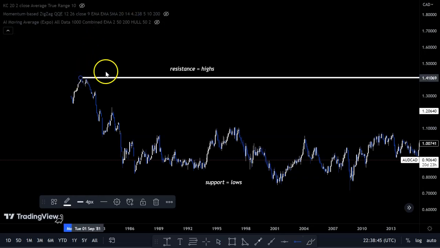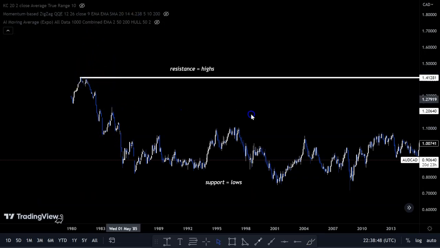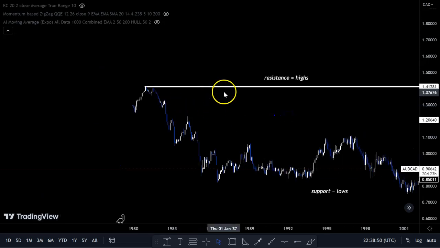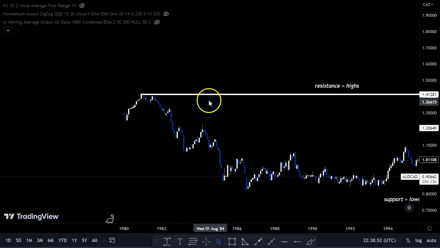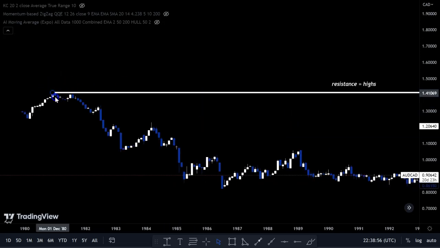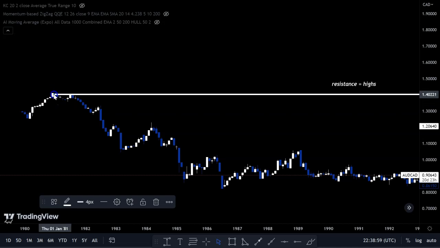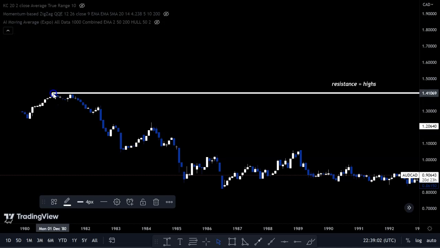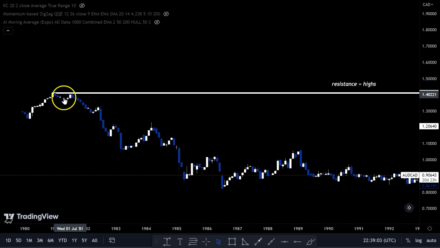How you draw your support is you have to go deep into, maybe you enlarge your charts, and you draw this line on the highest candle there, the one that is the highest candle.